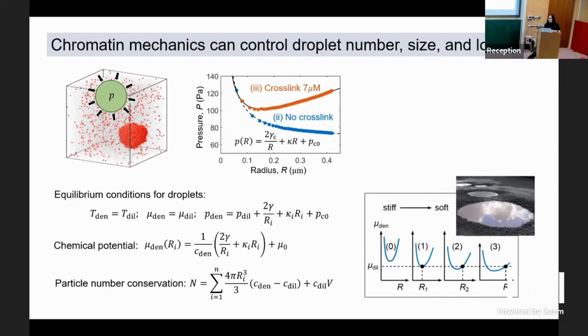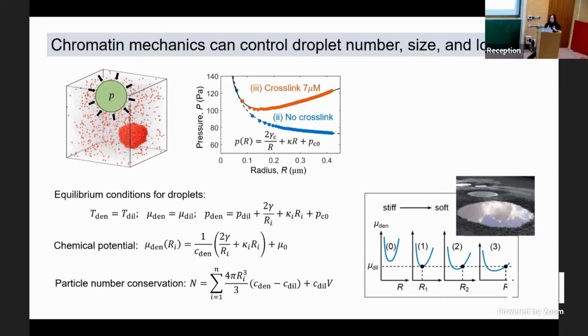But that means that if the chromatin has cross-links, your nucleoli will either merge or not, because it's different in different cell types. You are totally right.